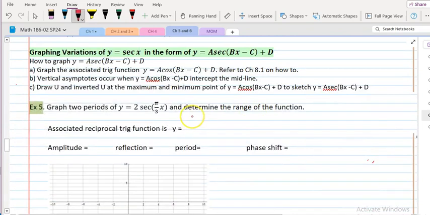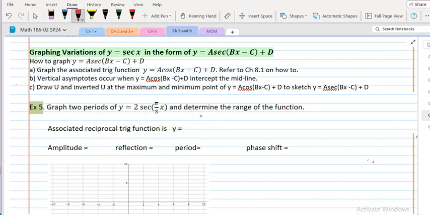So what about some variation? If I have some a secant of bx minus c plus d, how do I graph it? You would graph the associated reciprocal function of cosine or sine first, with a dotted line. Then you do the vertical asymptote at the intercept and then the U shape.